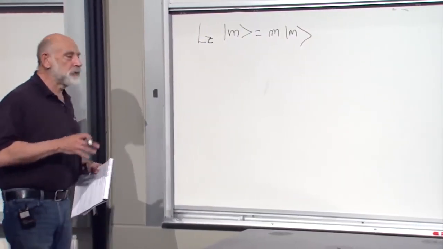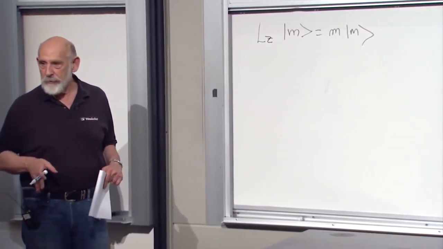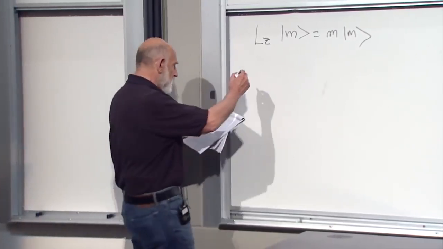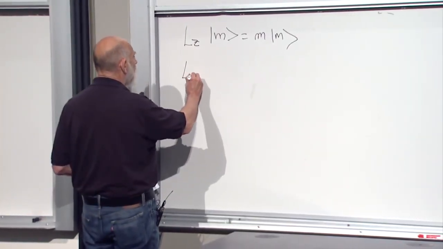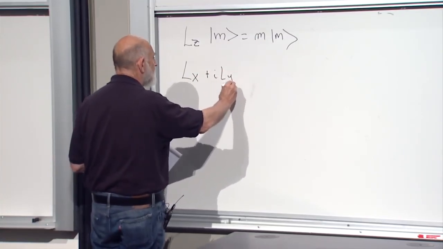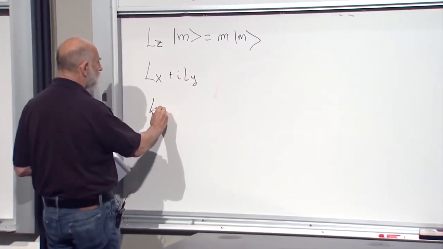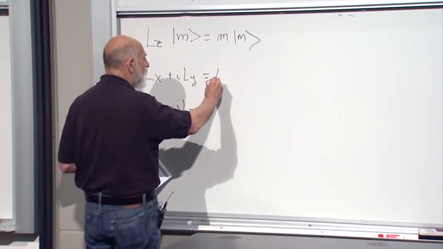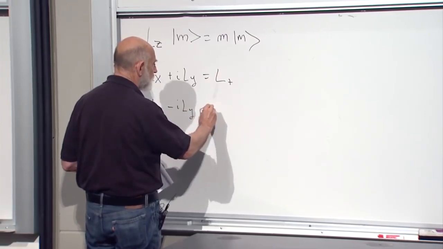So we've picked out Lz as a little bit special, not physically, but mathematically for our purposes. And let's invent operators Lx plus i Ly and also Lx minus i Ly, and call them L plus and L minus.